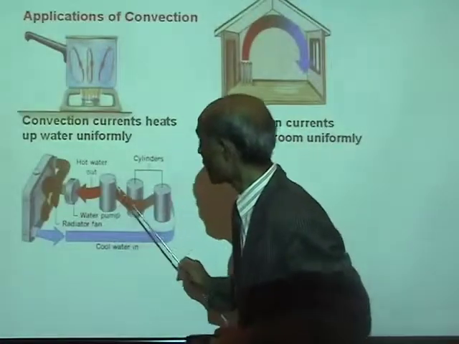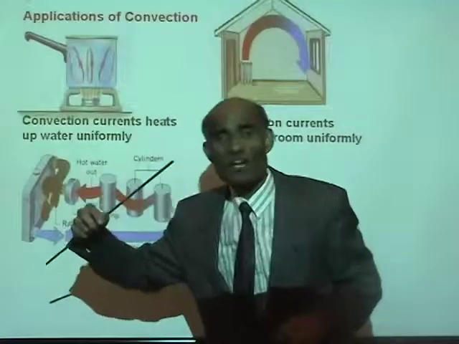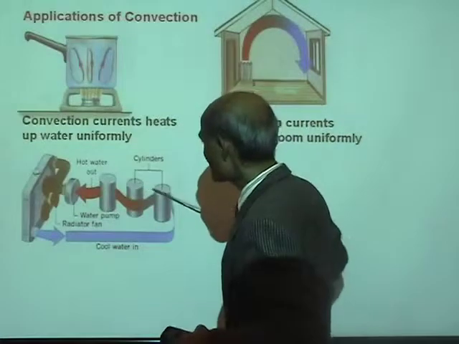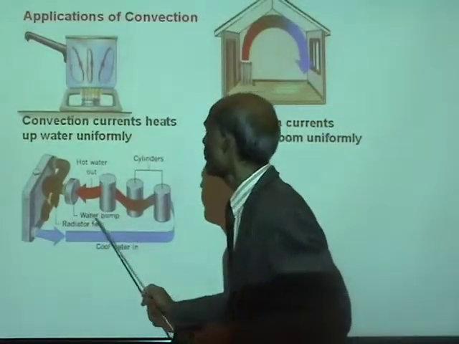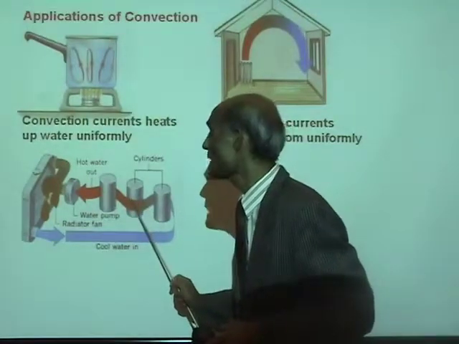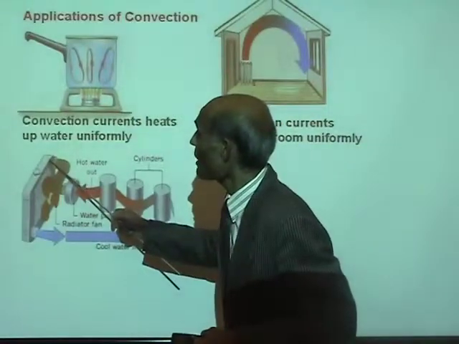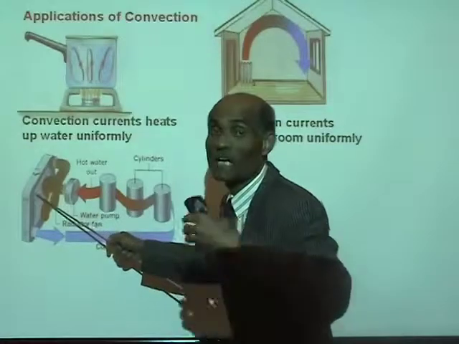Now, another example is the supply of water for cooling your engine. This is actually a forced convection. The warm water, after receiving all the heat from the engine, goes to the top of the radiator and through the radiator.